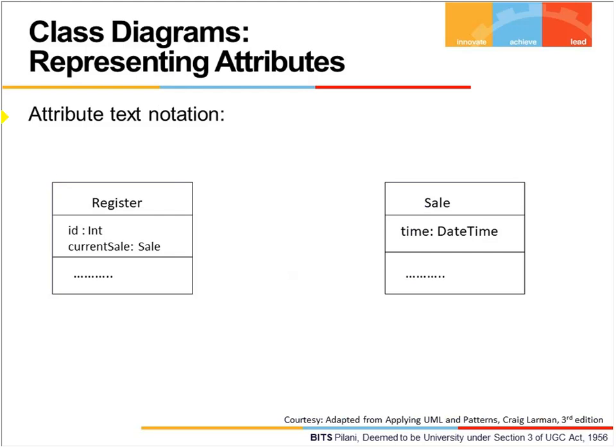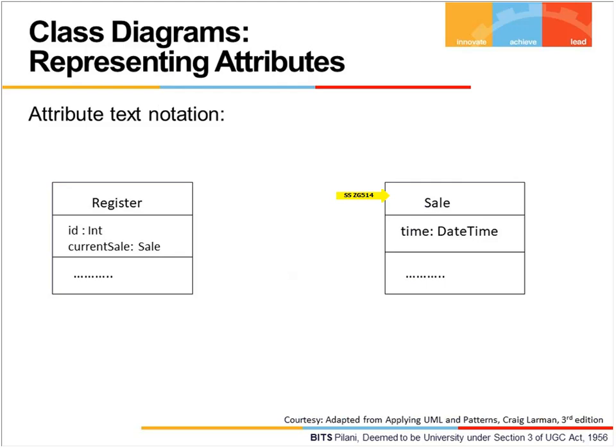Now, if you have to represent the attributes using the attribute text notation, this is the way you represent them, right? What is important to notice here is that this Register class has 2 attributes. One is an ID, which is of type int, so it's a normal data type. And there is another attribute that this Register class has, which is called currentSale, and it is of type Sale, wherein Sale is another existing class in the system, right?